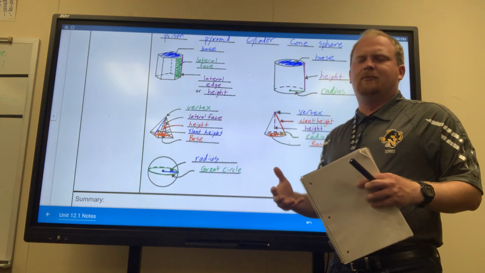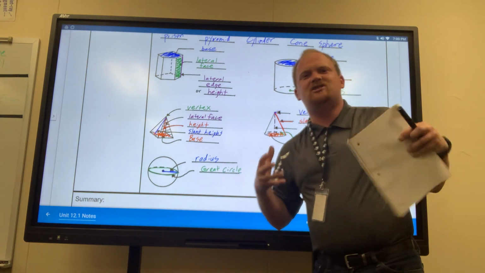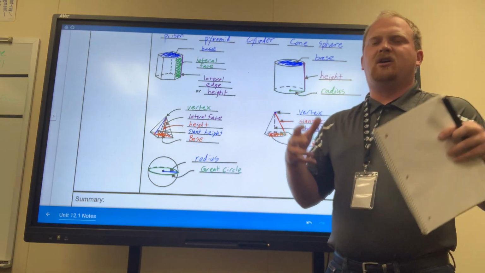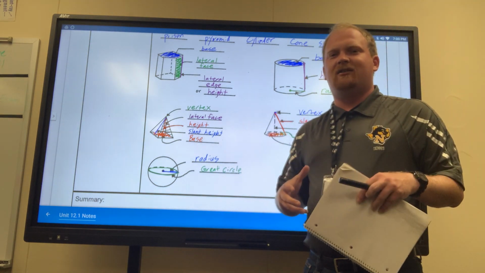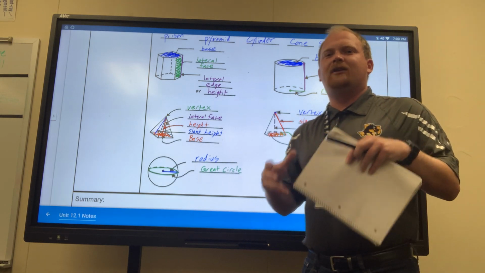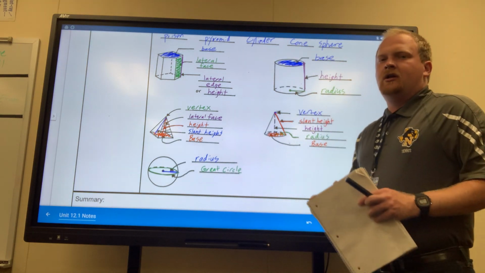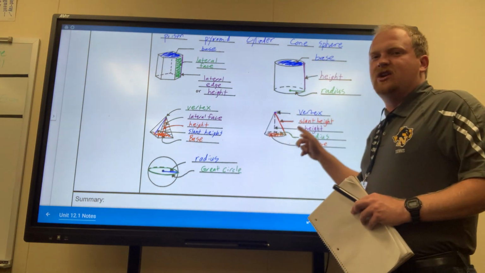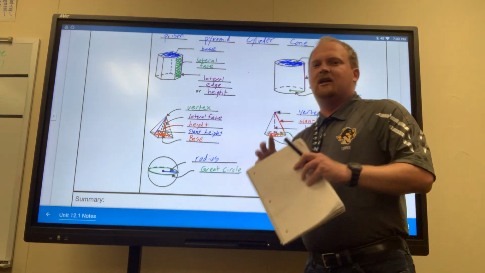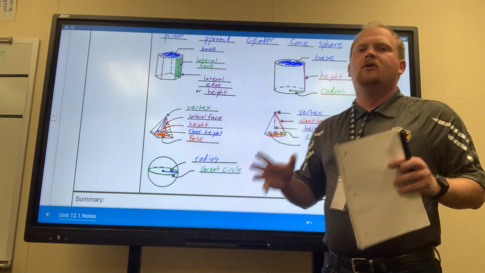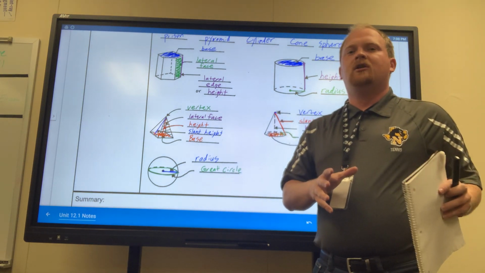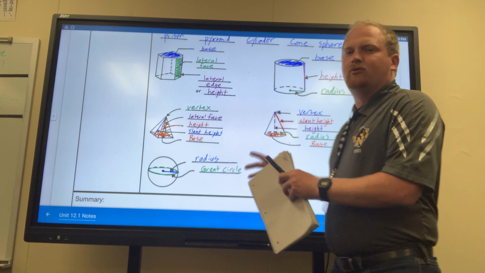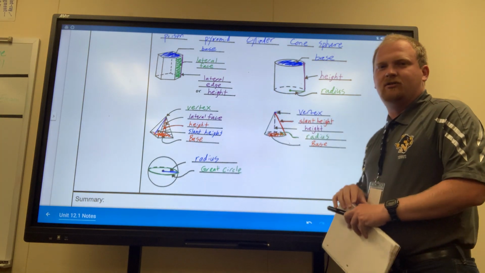Because in this unit, we're going to be talking about finding area, surface area, as well as volume. And we have to be able to recognize what each of these features are. That's what this lesson is all about. The math we'll get to later, but we've got to be able to recognize each of these characteristics.